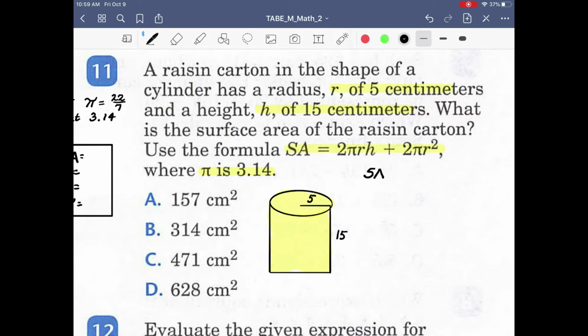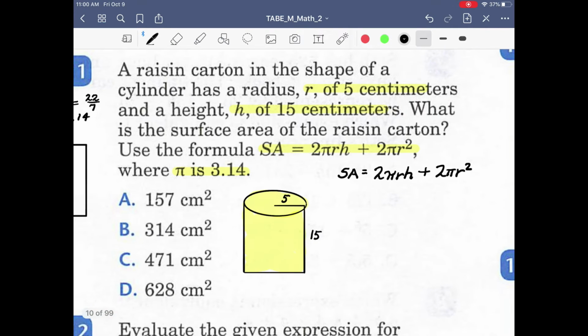We'll be okay. Surface area is 2 times pi times radius times height, plus 2 times pi times r to the second power. So there are a lot of variables in this formula, but you know what to do here. You know how to substitute. So I'm going to leave a pocket for pi, for r, and for h.